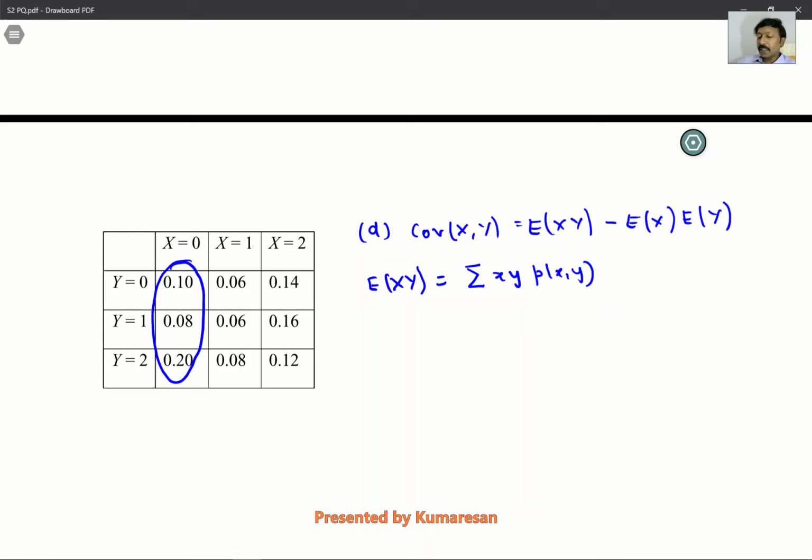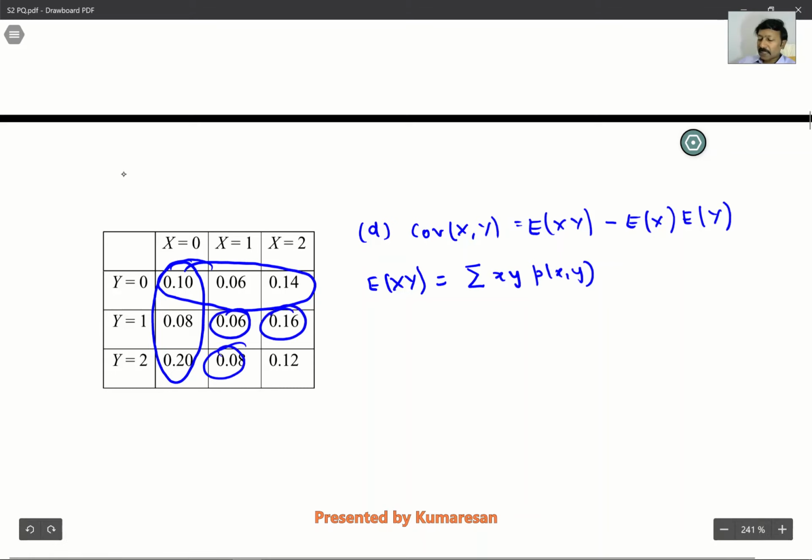So there is no non-zero contribution from the first column because x is 0, and no non-zero contribution from the first row because y is 0. So I'm going to consider only these 4 cells. For those 4 cells, the value of x times the value of y times the probability.